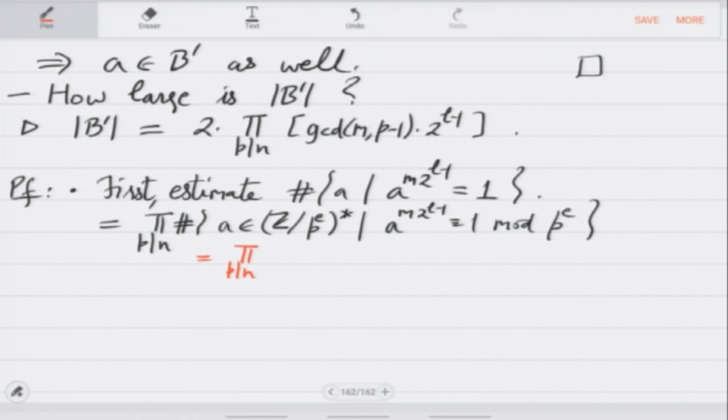So take the GCD of this with phi of P raised to E. So generator G has order phi of P raised to E. How many powers of that will give you such A's? That's the question.